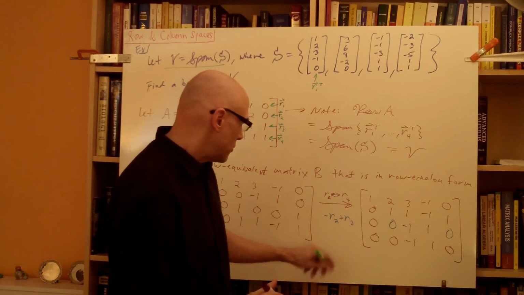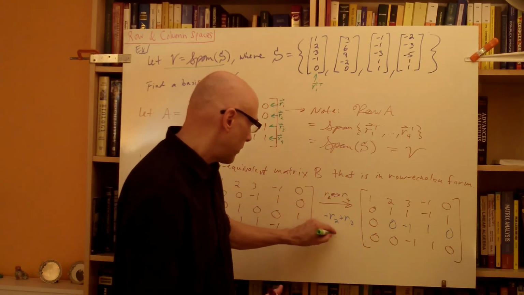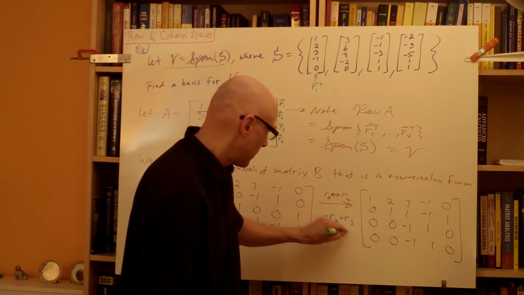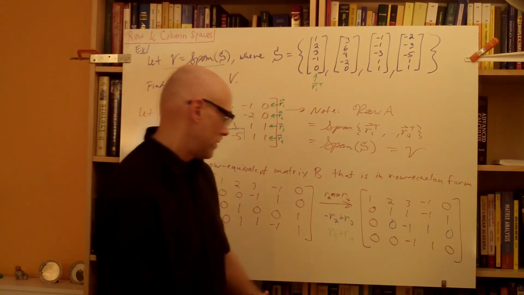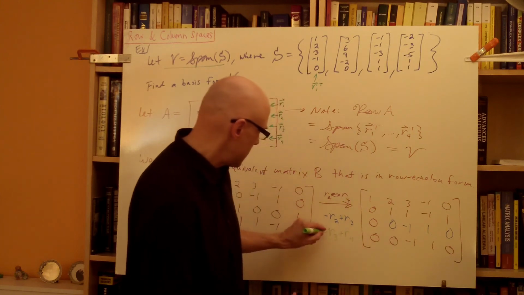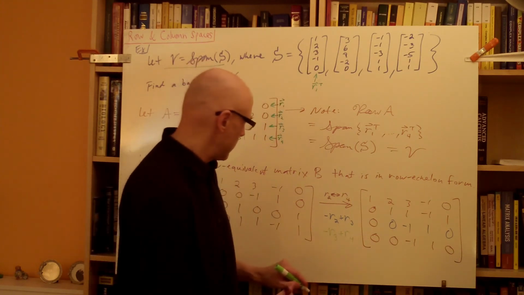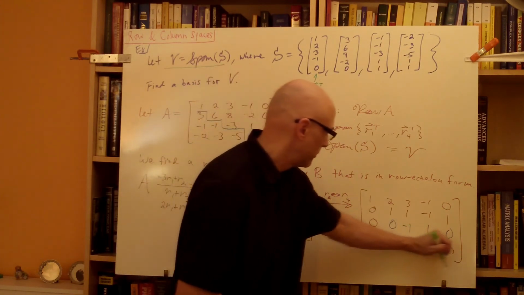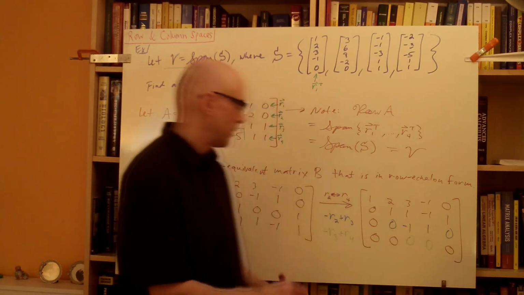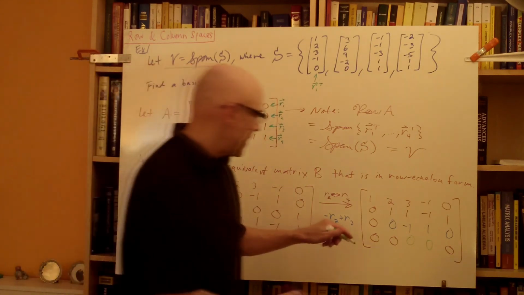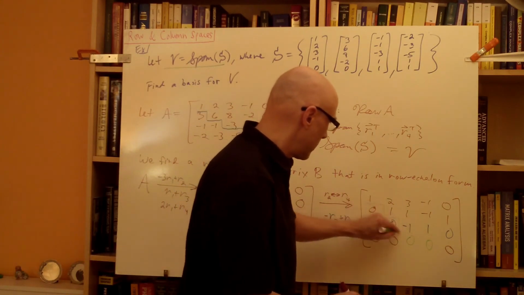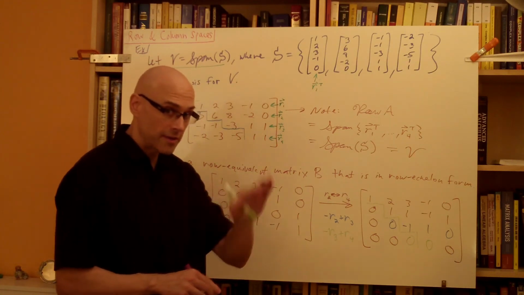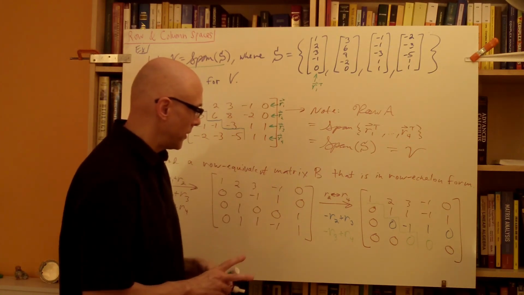Now I'm going to do negative row 3, add to row 4. We need that. So we get a 0 here and a 0 here. Now this has the appropriate row echelon form. Zeros under the staircase. It is a beautiful thing to behold.